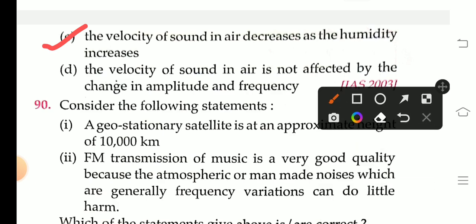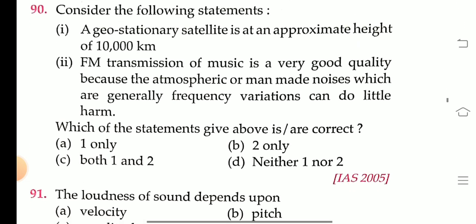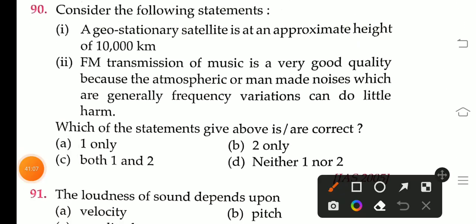FM transmission of music is of very good quality because the atmospheric or man-made noises, which are generally frequency variations, can do little harm. Which of the statements given above is/are correct? Right answer B, two only.